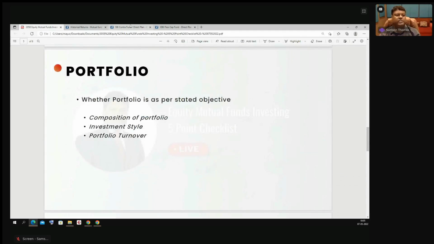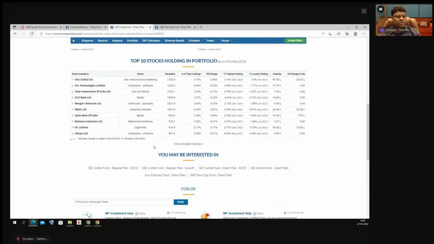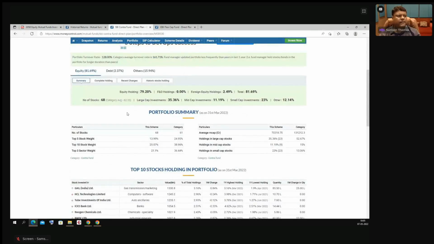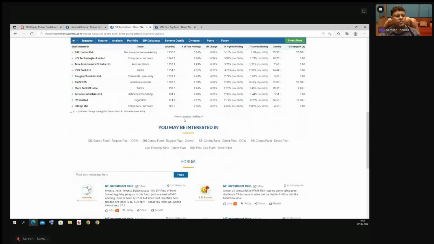And what you want to see is also the portfolio turnover. I'm not very sure whether the portfolio turnover is given here or not. I don't think there is a portfolio turnover here.